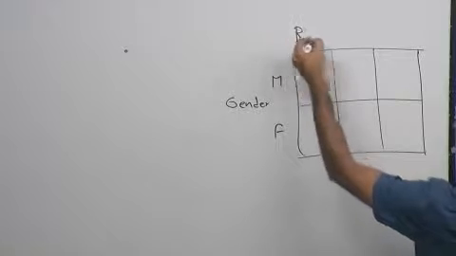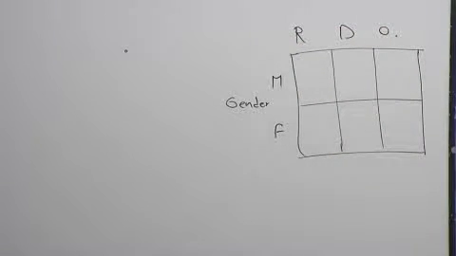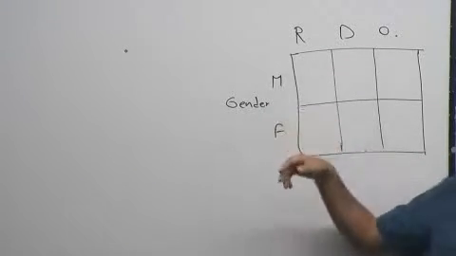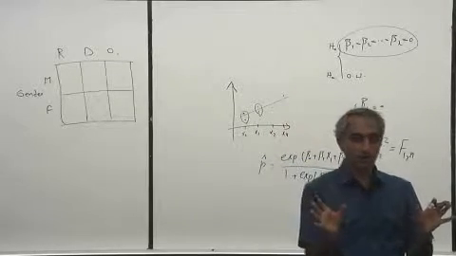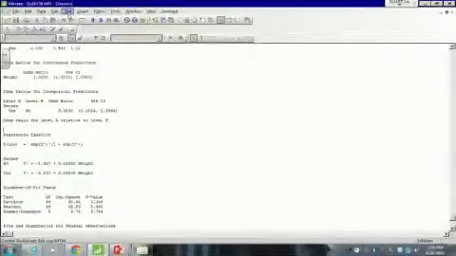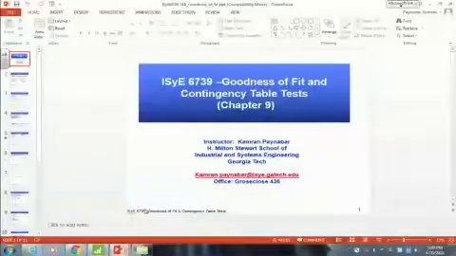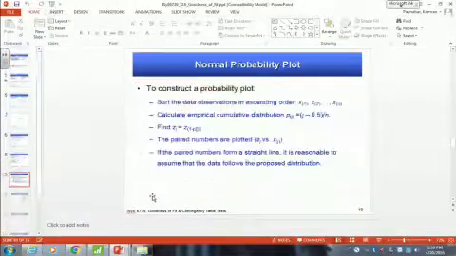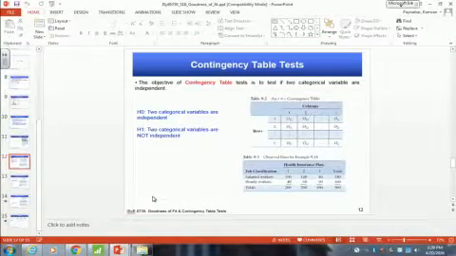You have Republican, Democrats, and others, kind of like independents. And you want to see if there is any relationship between these two or not. Okay? So it's still sort of a regression problem, but both variables are categorical. So in this case, we use something called a contingency table. I think I already posted the slides. I'm not going to go through details, but I'll show you how to perform this test.